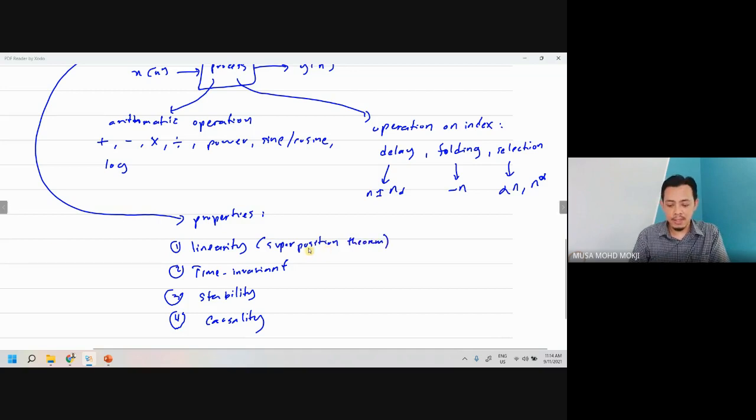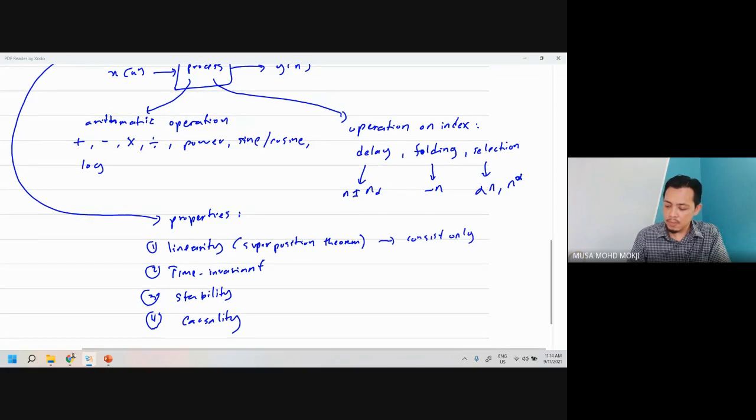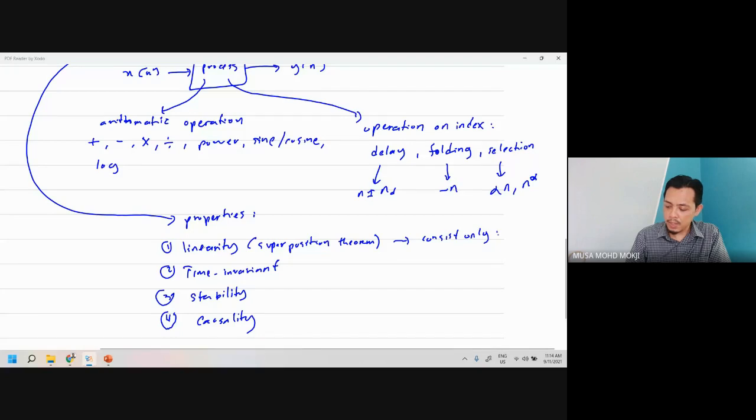If it is linear, we conclude it can only consist of a weight multiplication and the other one is summation. We should only have these two operations.